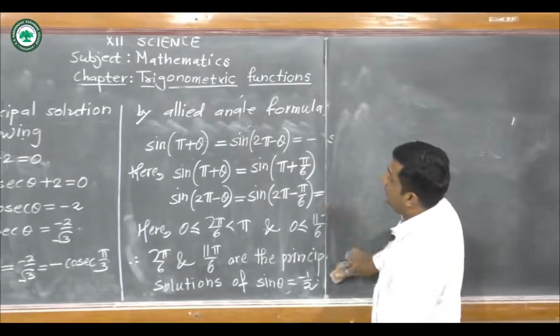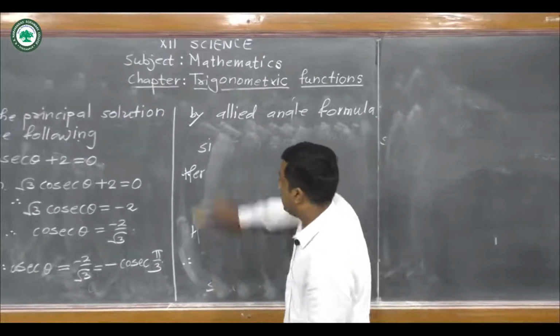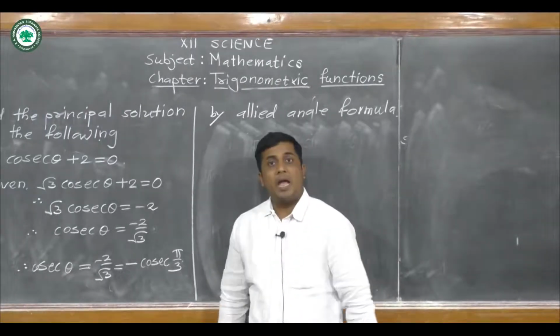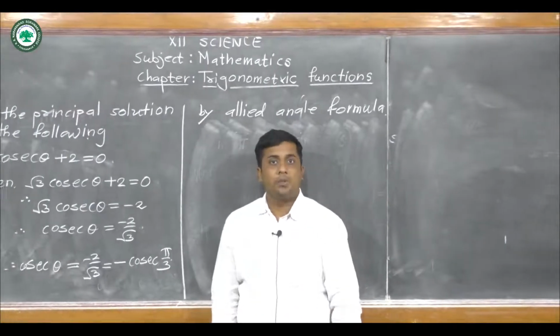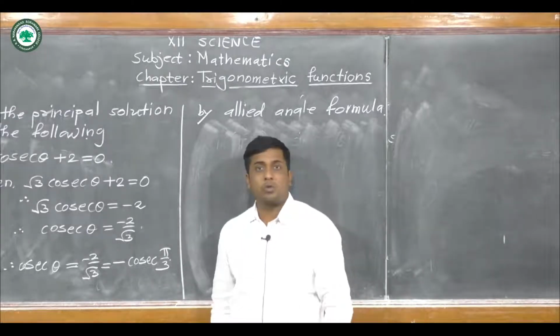Firstly, remember cosec theta is negative in third quadrant and in fourth quadrant. Cosec theta is negative in third quadrant and in fourth quadrant.